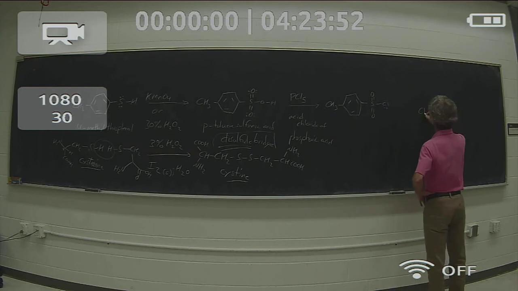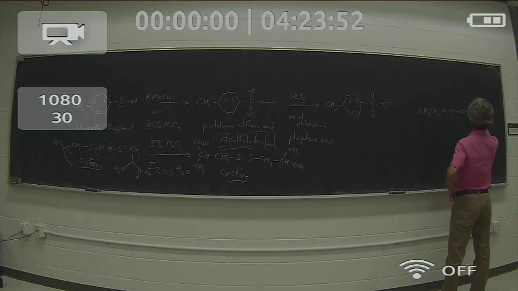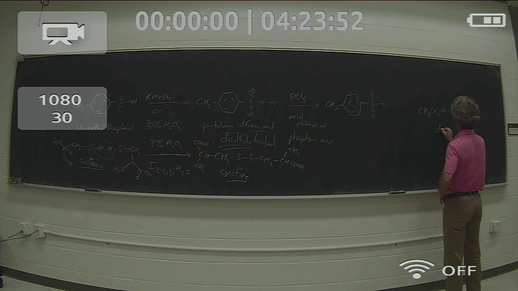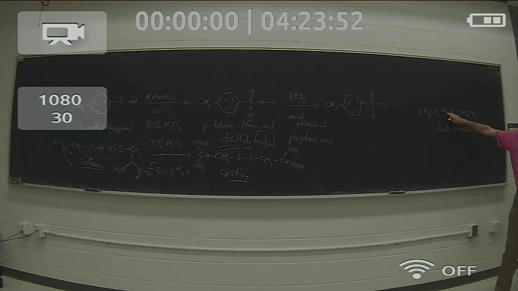Ethers form peroxides upon exposure to air. This would be diethyl peroxide. And that's the analogous compound to the disulfide ring.